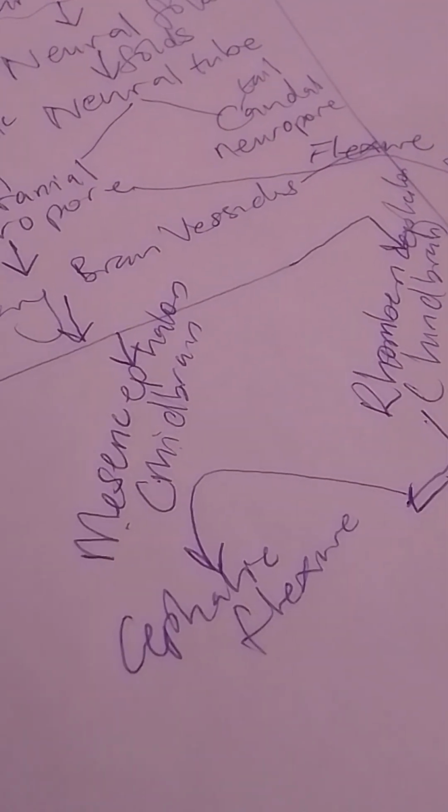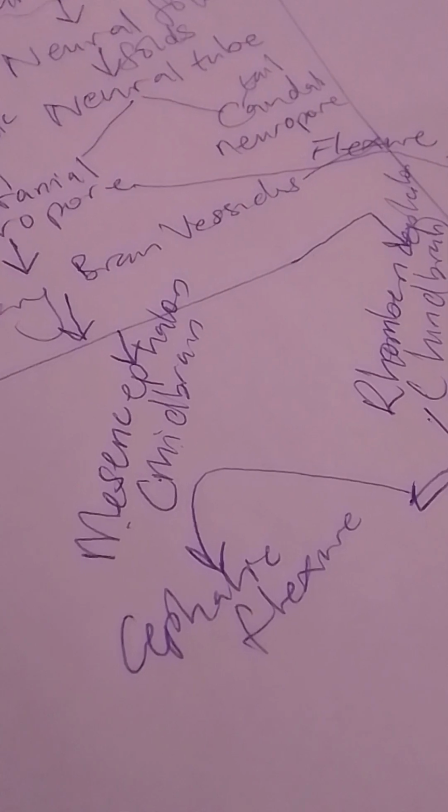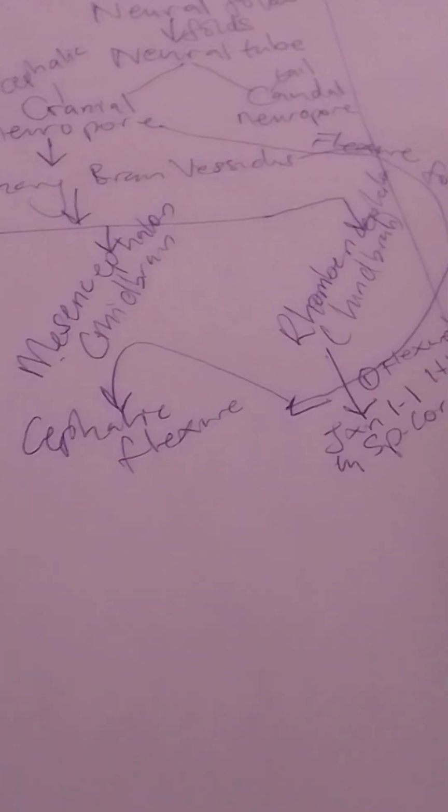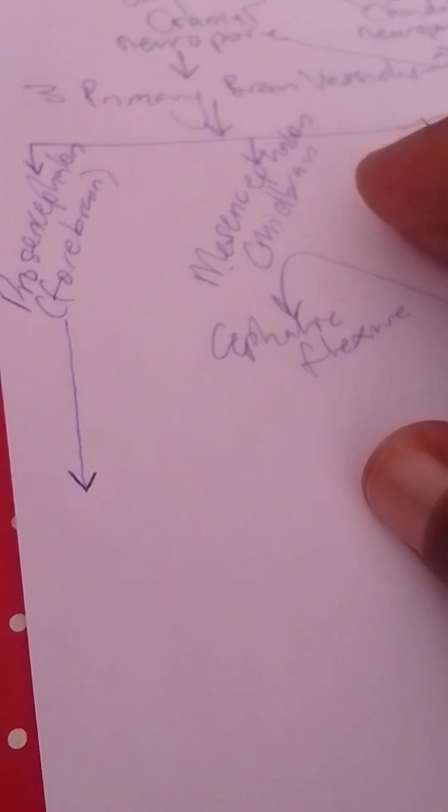Alright, that's some good stuff here. So now we're going to look at what these three brain vesicles differentiate into. So we have the prosencephalon, the mesencephalon, and the rhombencephalon. So now with the prosencephalon, which we will start with, maybe even before I get to here, you need to know, let me extend this arrow.